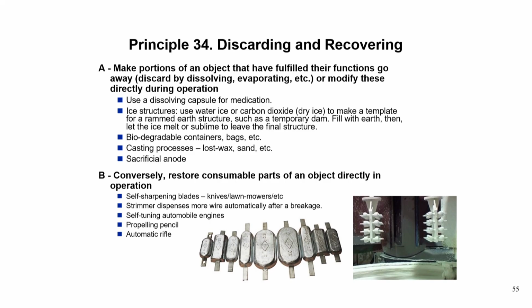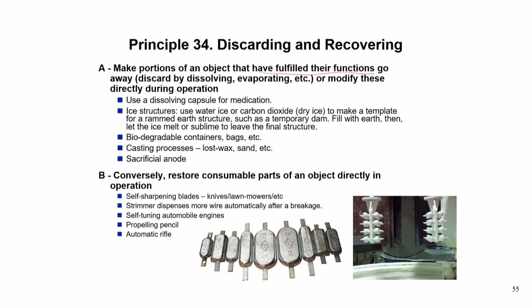Principle 34 is also very widely used. It is called discarding and recovering, not just discarding, but discarding and recovering. There are two parts to it. First part is to make portions of an object that have fulfilled their functions go away, discard by dissolving, evaporating, or modify these directly during operation.